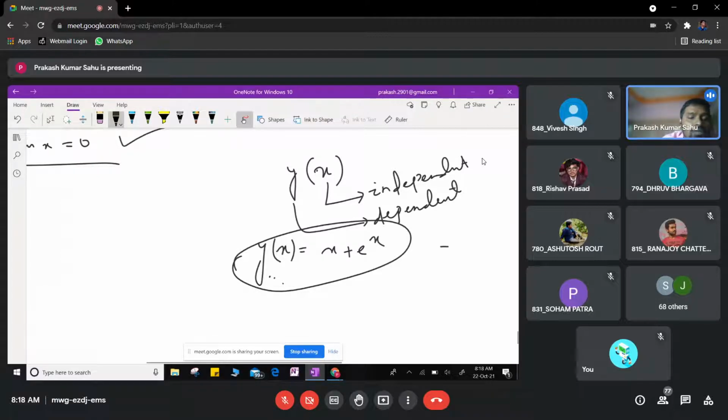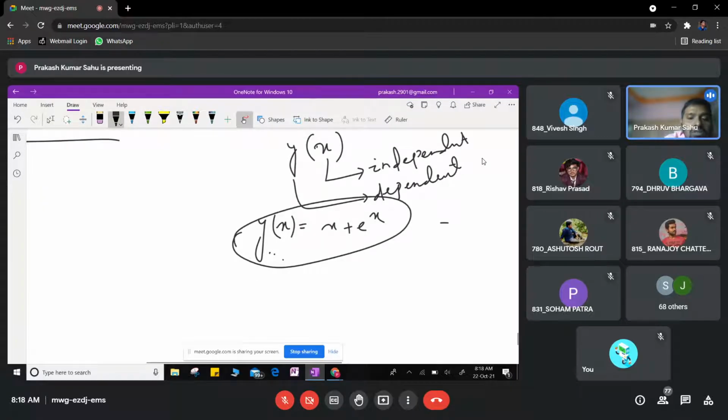And what is implicit form? Implicit form is like this. Suppose I write f of x comma y equal to 0. This is the implicit form, because here x is the independent variable and y is the dependent variable, but it is written like this. For example, x y square plus x square y is equal to 0.